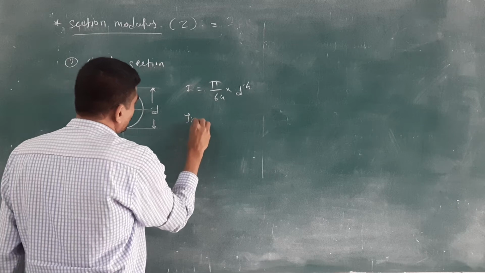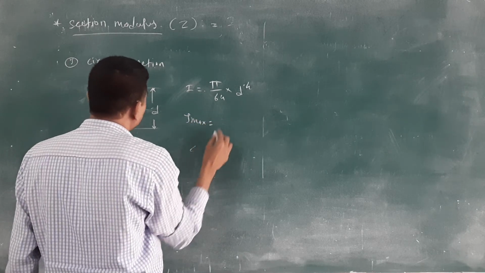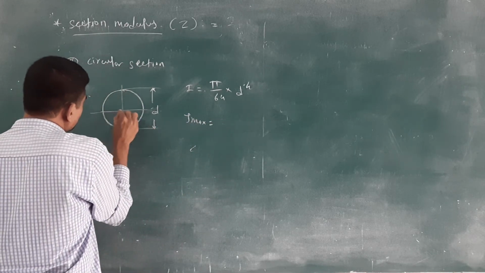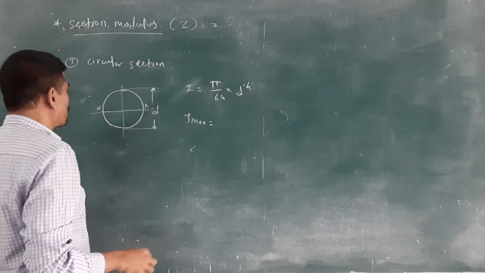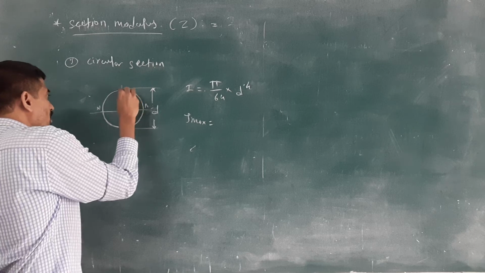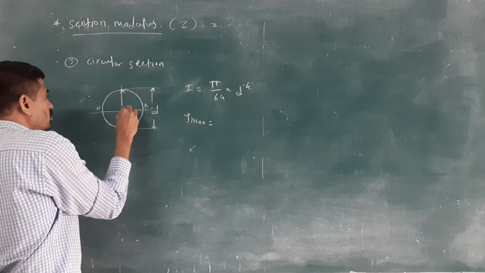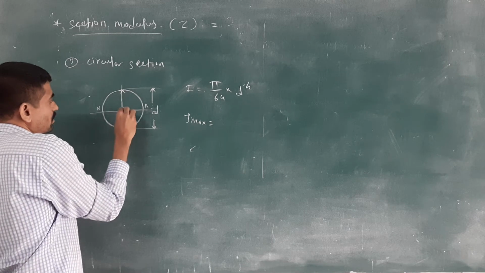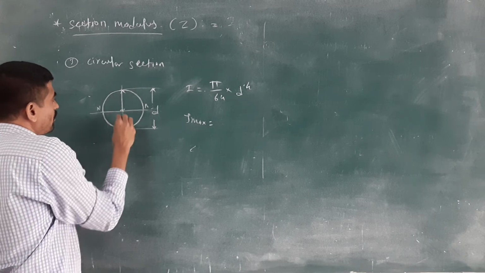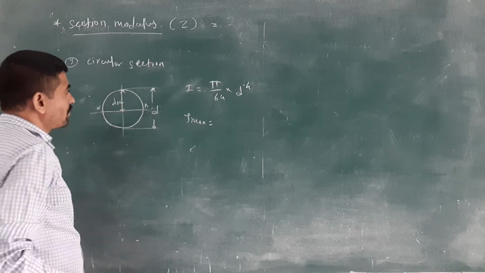Okay, check that. What is the y max? You have to take the neutral axis. Where is the neutral axis? At the center. You have to check the outermost distance. Which is the outermost distance? This one or this one? You can take it at the top or at the bottom. Again it is d by 2.